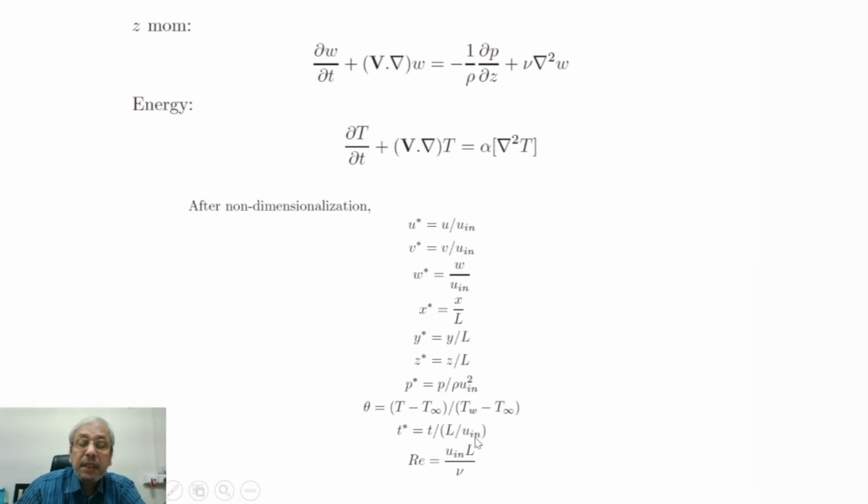So t by convective time is t star, the non-dimensional time. Reynolds number is inlet velocity into L by nu.